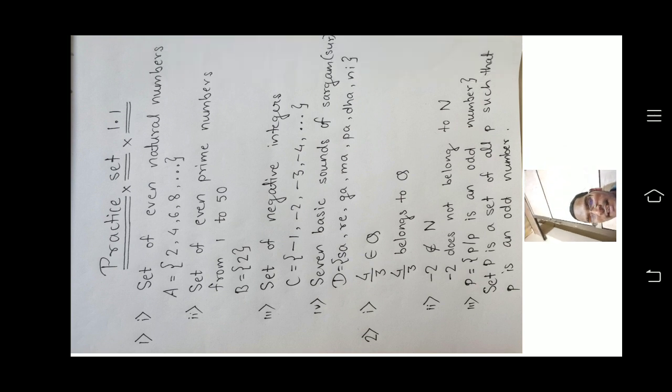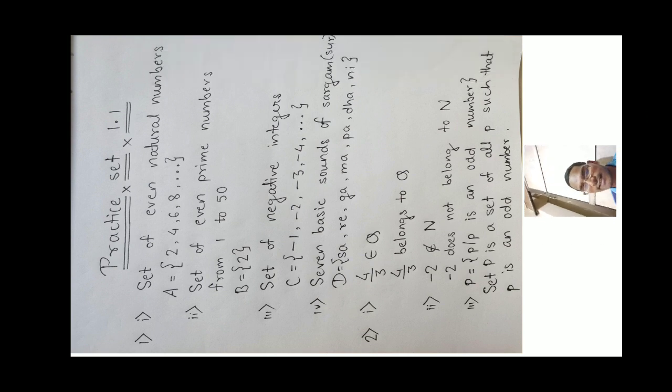So you have to remember what the symbol is, what the meaning is, and how to read a set. In the third example, how to read this set is explained: P is equal to the set of all p such that p is an odd number.